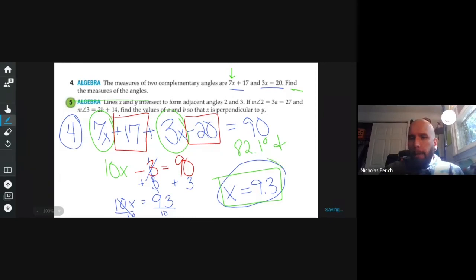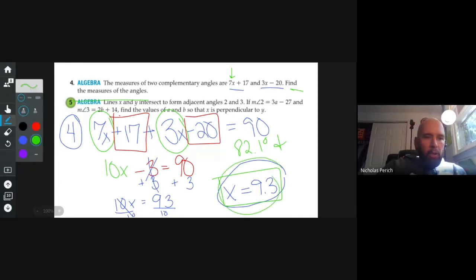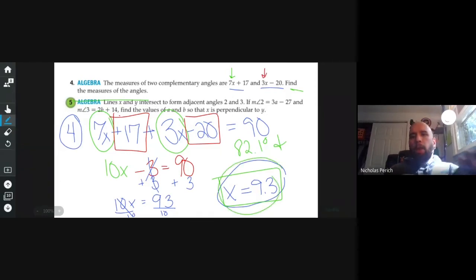And I can plug x equals 9.3 into the other one: what is 3 times 9.3 minus 20? It's 7.9.